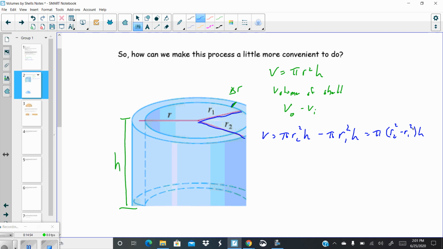All right, so now what we can do, and you wouldn't normally probably think to do this, is I can go ahead and multiply a 2 on the right-hand side. So I'm going to make that a 2 pi, and then I've got my R2 squared minus R1 squared times h.